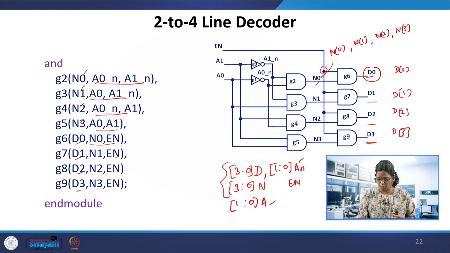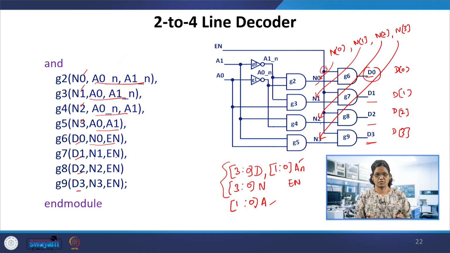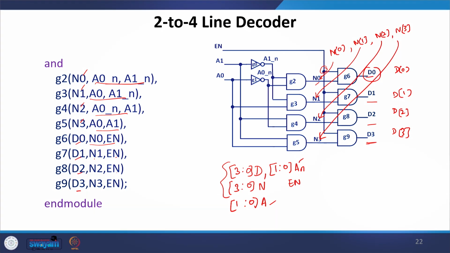So these points can be combined into a multi-bit vector. Similarly the output and select lines can be done, like in the previous 4 to 1 mux example. So with this, we have the structural model.